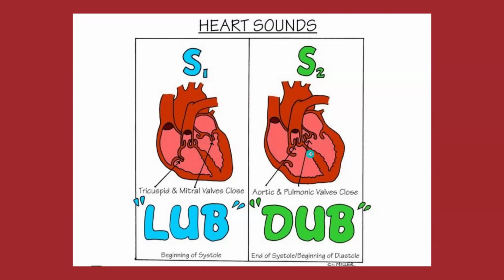And the dub sound is actually made by your aortic and pulmonary valves closing. And so, like we mentioned, when the ventricles contract and pump blood out, we don't want blood coming back, right? You could think of it as a closed chamber.